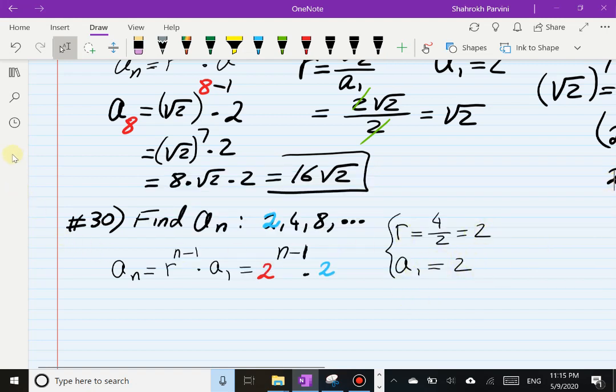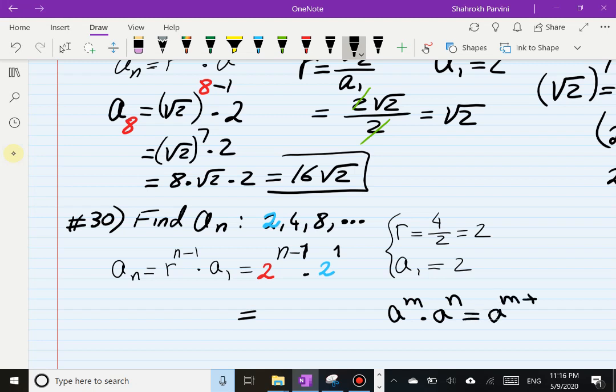Pure coincidence. Okay. Now, you can actually work this a little bit. If I actually give this an exponent of 1, remember the multiplication rule of exponents kicks in. This is the multiplication rule. A to the m, a to the n is a to the m plus n.